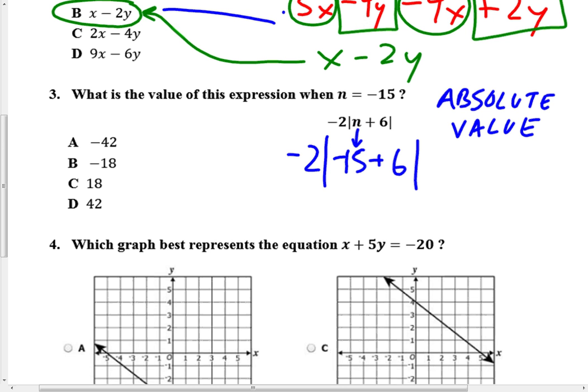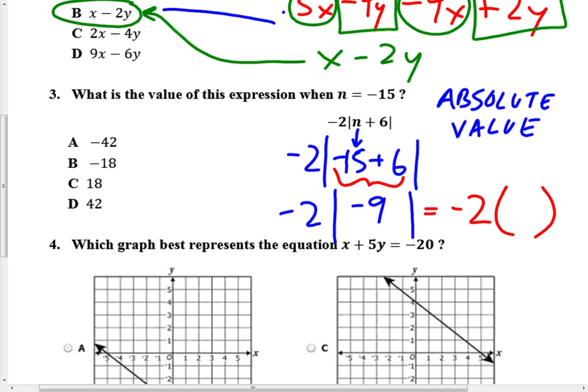Negative 15 plus 6 is, I mean positive. No, negative. Negative 9. So you do all of this first. Ignore the absolute value. Just do negative 15 plus 6. You now have one number inside there. Now do absolute value. What's the absolute value of negative 9?